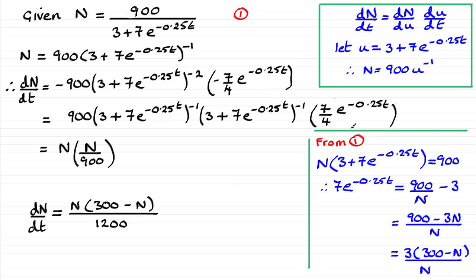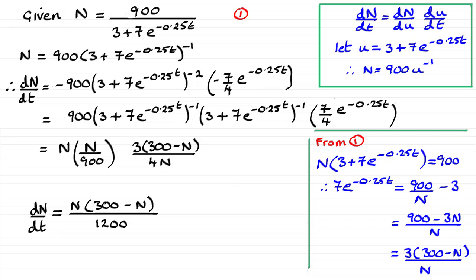So when I go back up to here, I can see that all I need to do is multiply this result by a quarter. So what I'm going to end up with then is 3 times all of 300 minus n, multiplied by a quarter. It's just going to give me 4n there in the denominator.